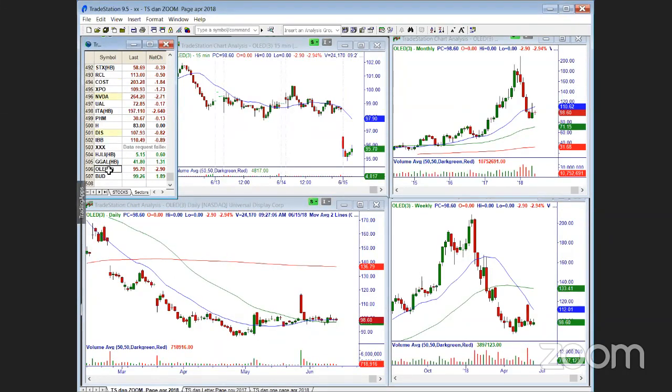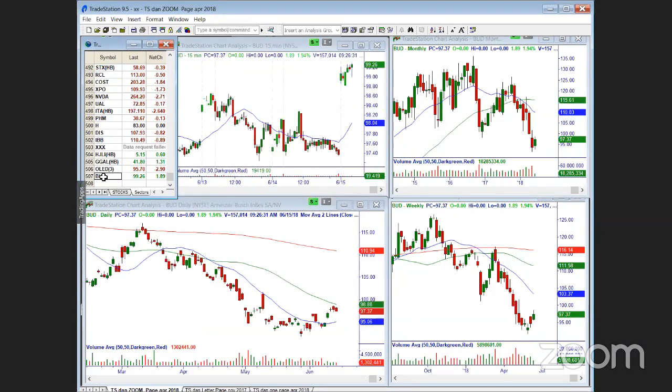OLED gap breakdown 95.70. That looks like maybe a tier 1 trade. We'll keep an eye on that. Budweiser, I just saw coming by the ticker. Relative strength 99, and that's a gap breakout, and it's oversold on the weekly. So let's keep an eye on that for a put spread. Remember Budweiser got bought by this foreign company, so now it's an ADR.